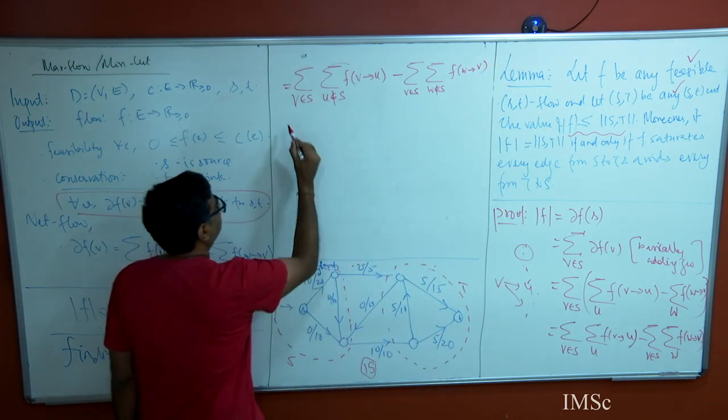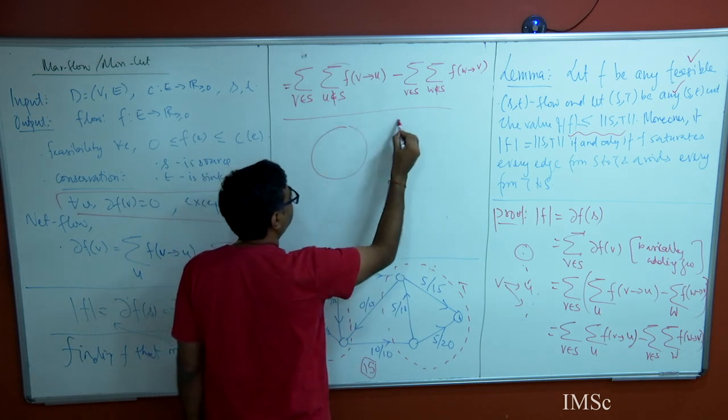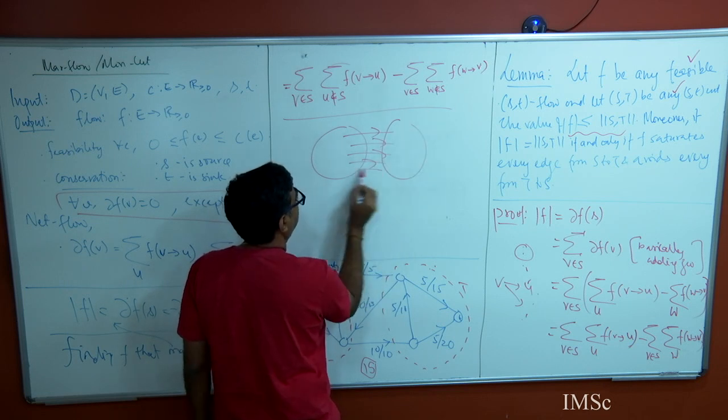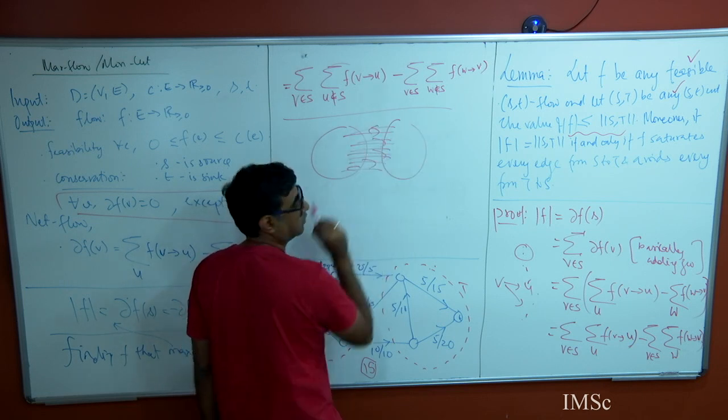So basically now if you look at it picture wise, what is it counting? This is counting these kind of edges and this is counting these kind of edges, right?